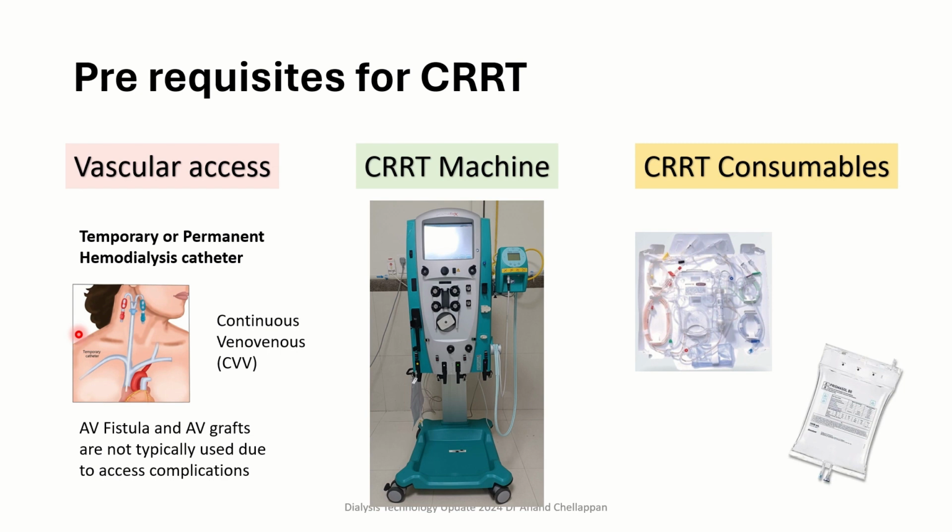The next important component is the CRRT machine. The machine displayed in this picture is a Baxter Prismaflex CRRT machine. There are multiple brands of CRRT machines. Then we need the consumables of CRRT, which includes the CRRT kits, which have the various parts of the circuit, and some kits also contain the CRRT dialyzer and the CRRT fluids.